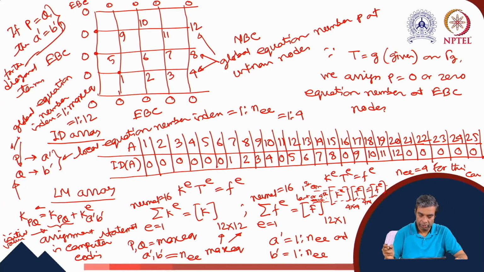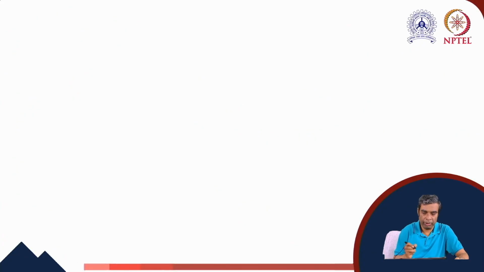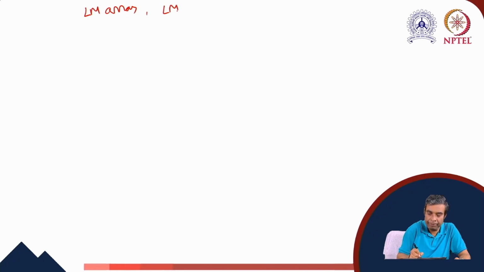Now for generating the LM array to be used for assembly purpose, we have given all the prerequisites. Now we construct the LM array as, for an SDOF problem, LM equals capital P.